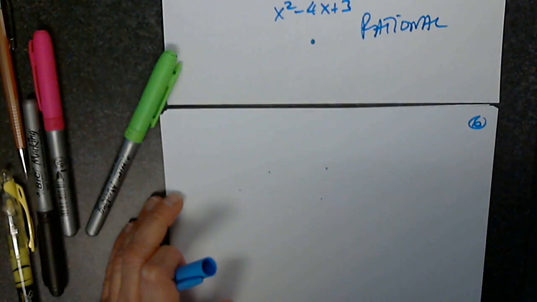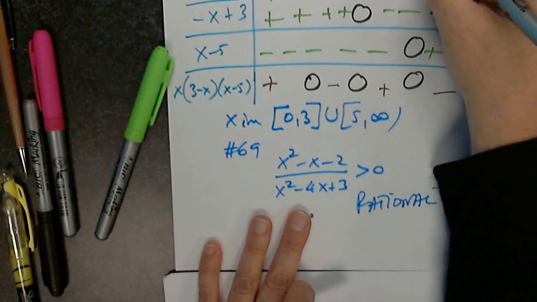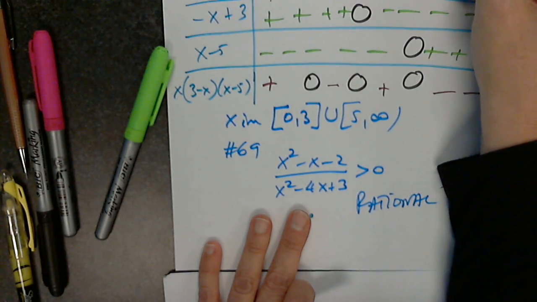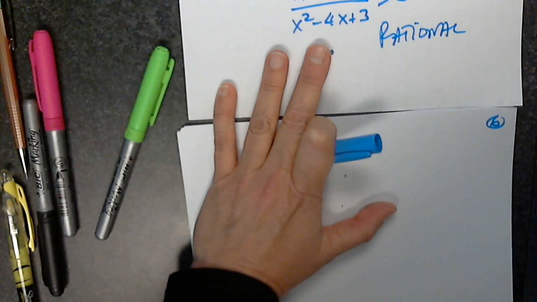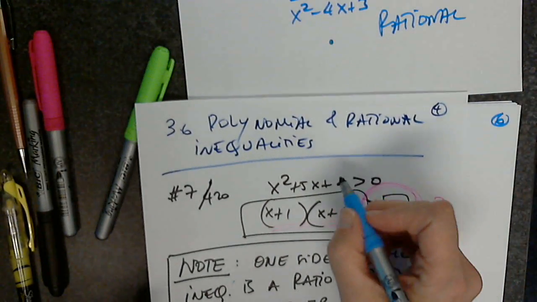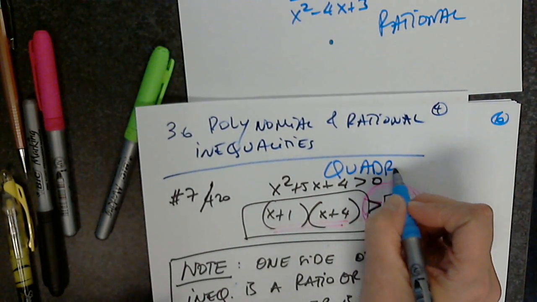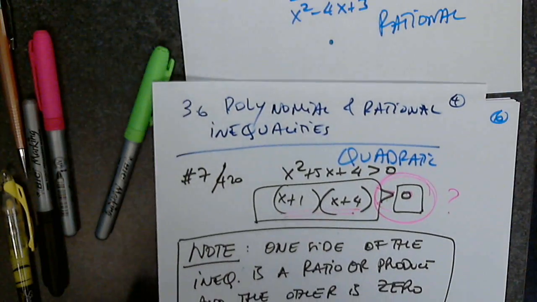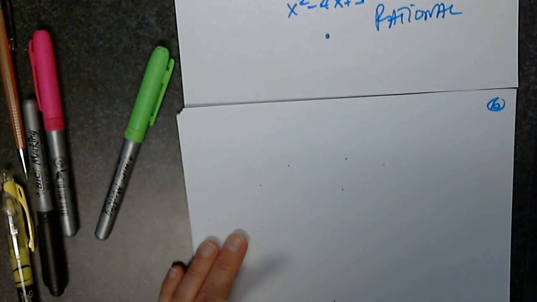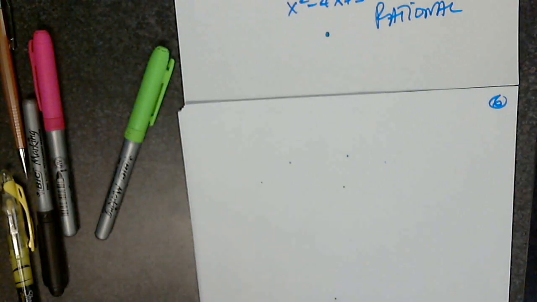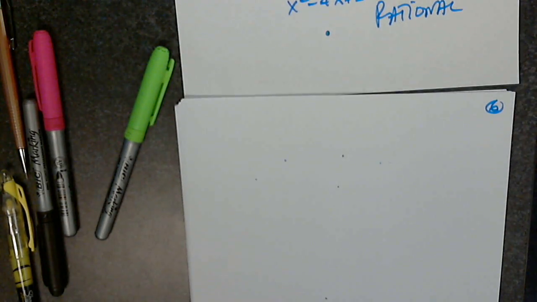The previous one was polynomial, and the one before was quadratic, and I didn't write it, so I want to write it. So the first one was quadratic, the second one was polynomial, and this is rational. But I claim that if you want to use my chart, you can't just yet. Can anyone tell us why we cannot use the chart right away?